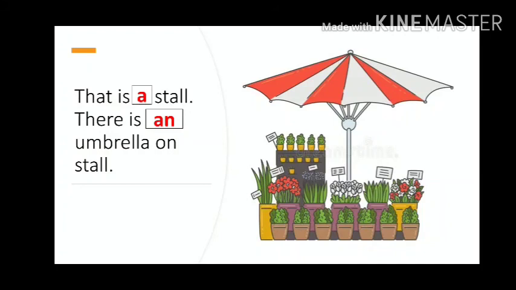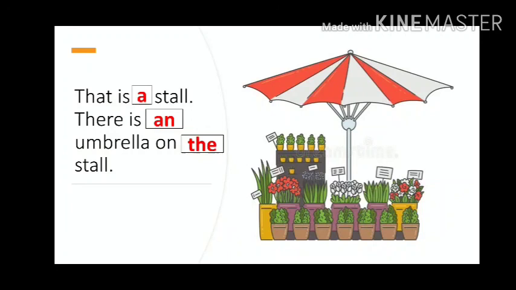For example, a stall and an umbrella. Article the is used when we talk about the same noun for the second time. That is about a particular thing. In this case, it is the stall.